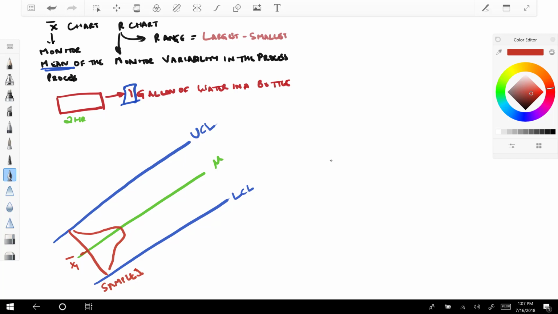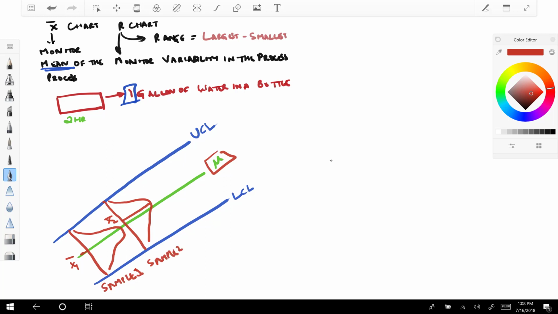For the second sample, suppose the mean is here somewhere, that is x2 bar. So different samples will have different means, but they will all lie nearer to our population mean. So this is sample 2.